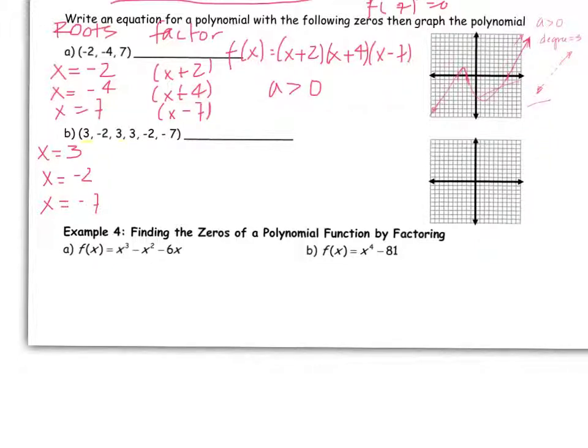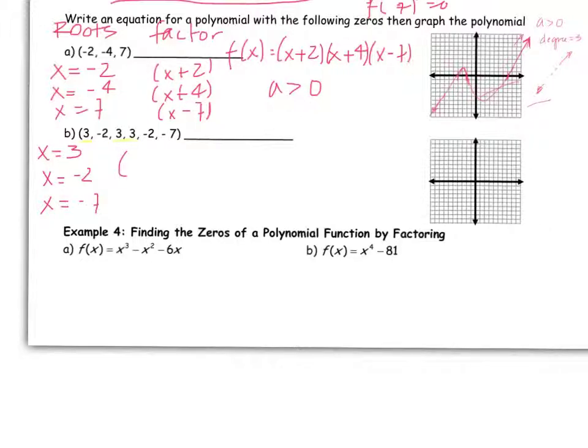So there's 1, 2, 3 times. That's a multiplicity. If it repeats itself at a root more than once, it's a multiplicity. Because it's happening 3 times, different things happen when it crosses the x-axis. So I'm going to write this in factored form.